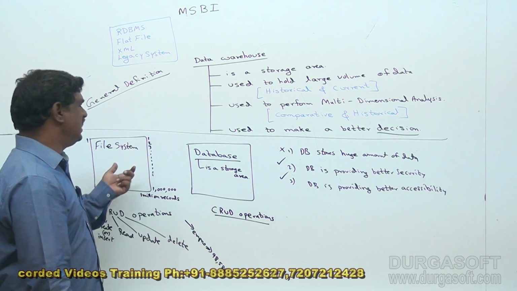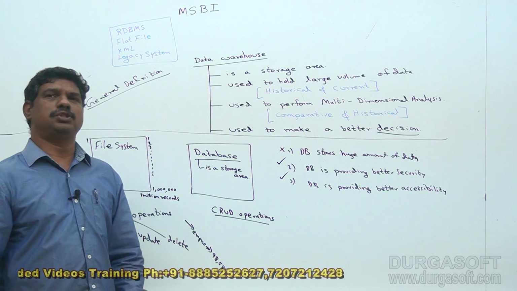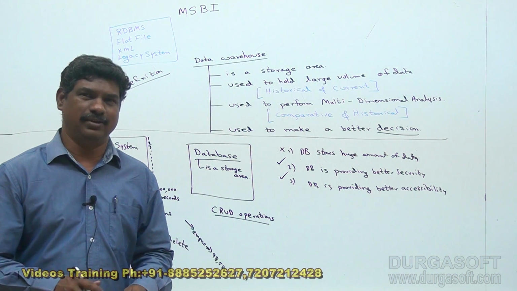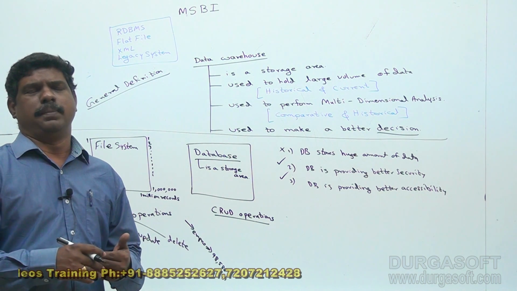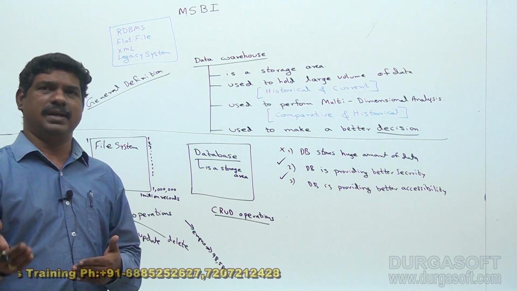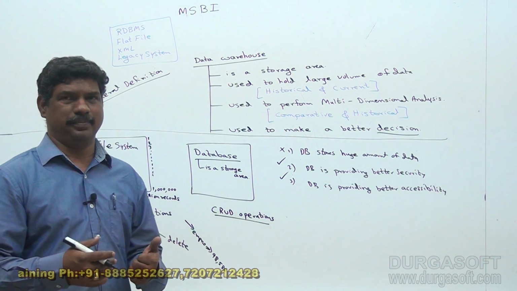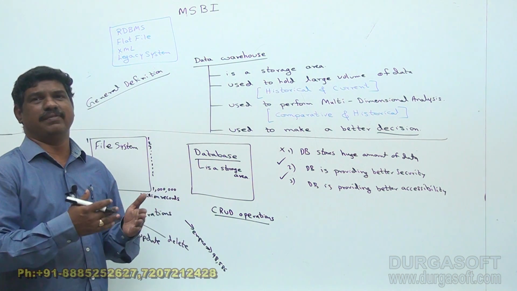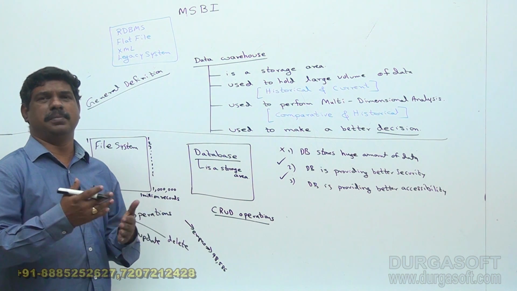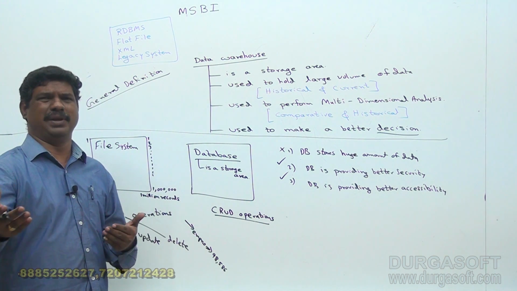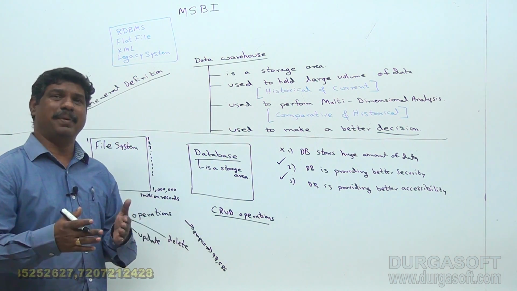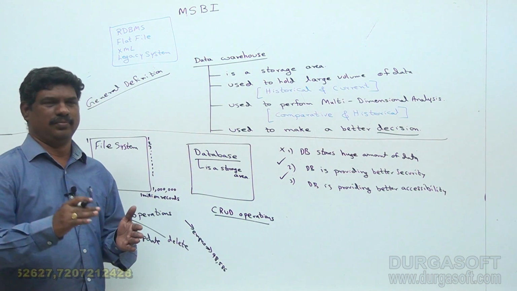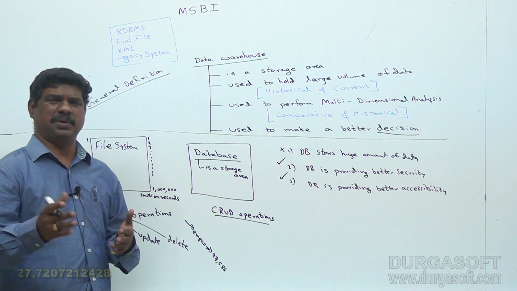When you say file system, it usually stores the records line by line, one by one, maybe with some row delimiter. Between the fields, like employee number, employee name, address, the fields are separated with some delimiter, maybe a comma, a space or a tab.